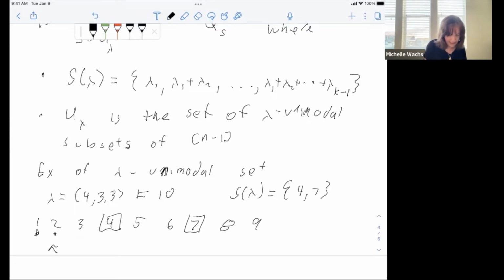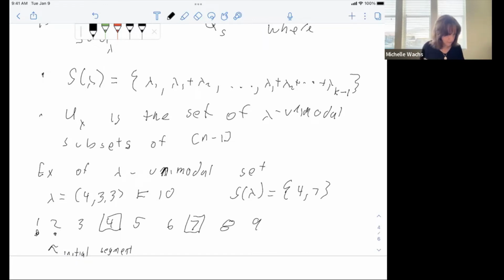There's an initial segment. I can't choose 1 and 3. I can choose 1 and 2. So I need an initial segment. So I chose 1 and 2. I could have chosen the empty set. I could have chosen 1, 2, 3. I could have chosen 1, but not 1 and 3.